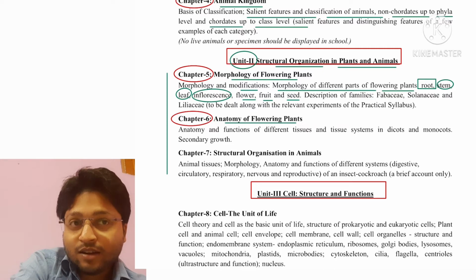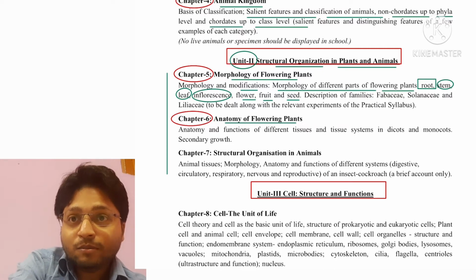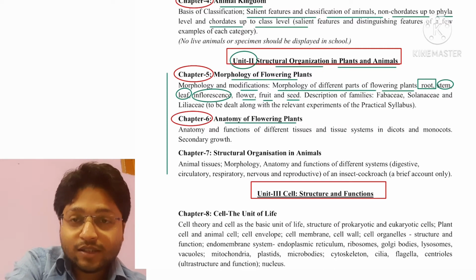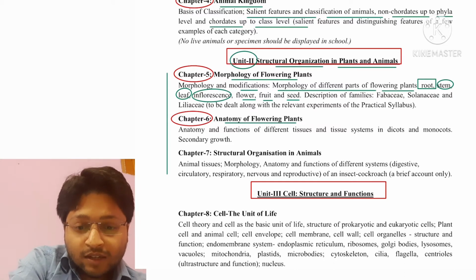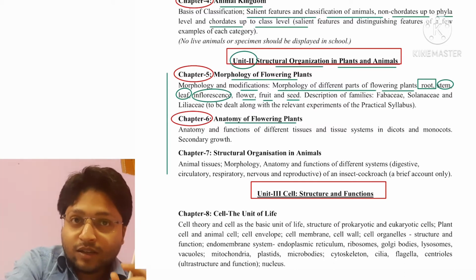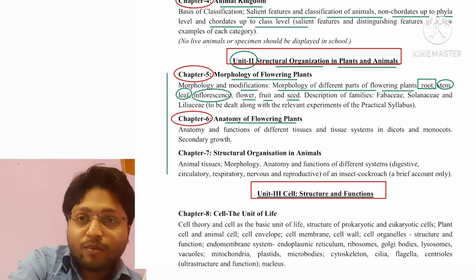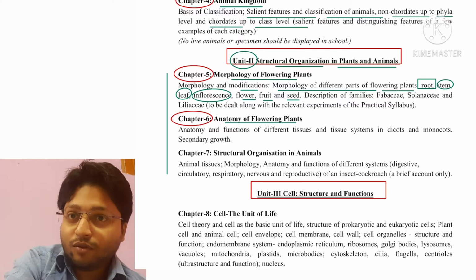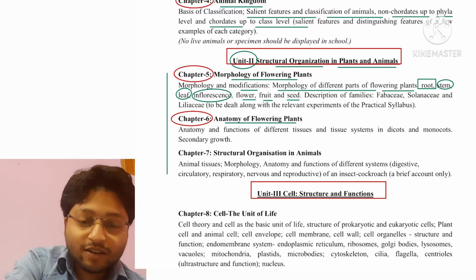In this chapter you will learn about the internal parts of the plant. This study of the internal parts of any living organism is known as anatomy. All of you know about it, right?